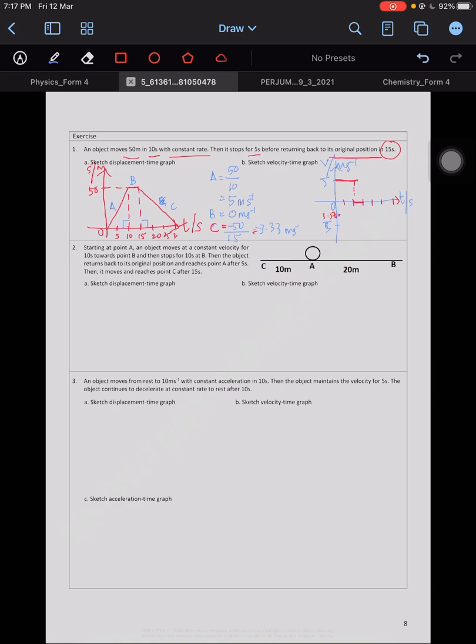Okay, so then this will be your velocity time graph. Okay, 10, 15, 30.